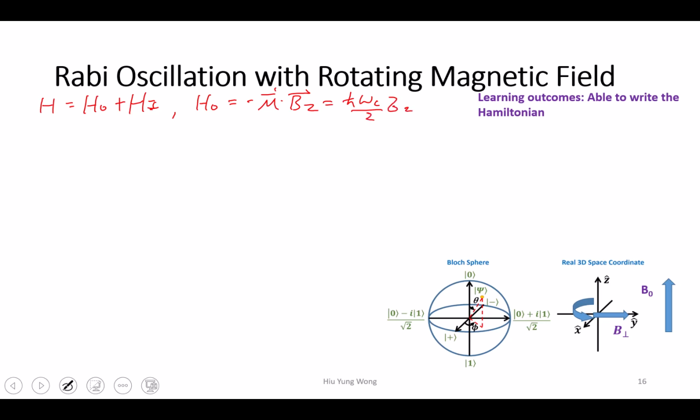I will have many variations, but this is essentially the same Hamiltonian we discussed earlier, because what is omega L? It is the Bohr magneton, mu, times the magnetic field B0, right? You just go back, plug in, you will see that.